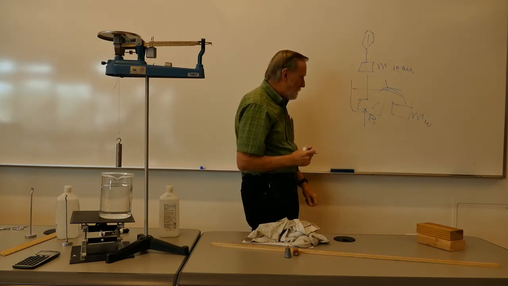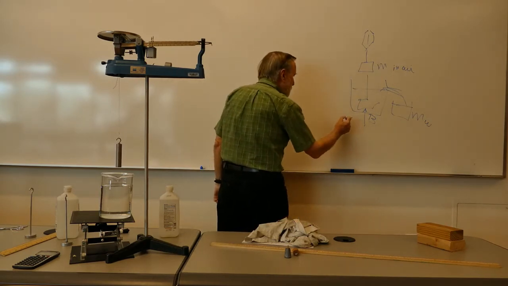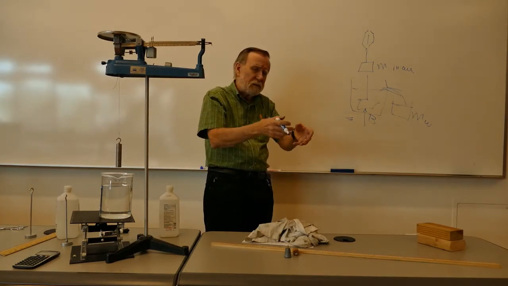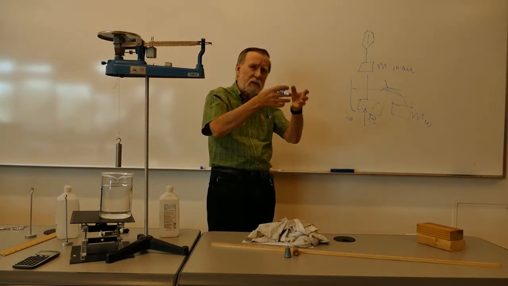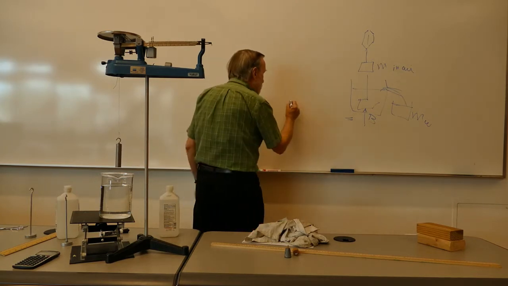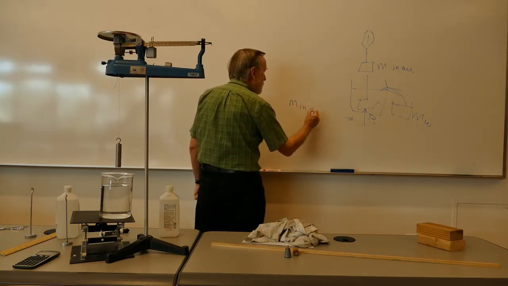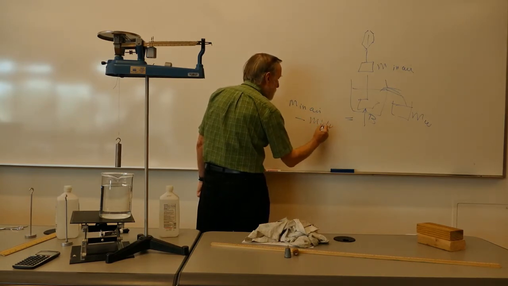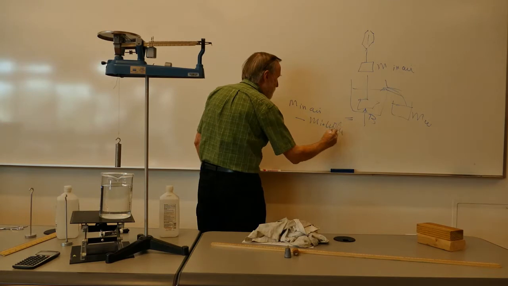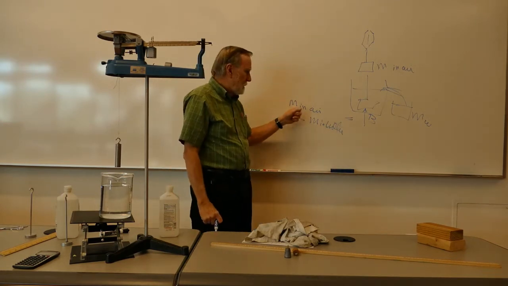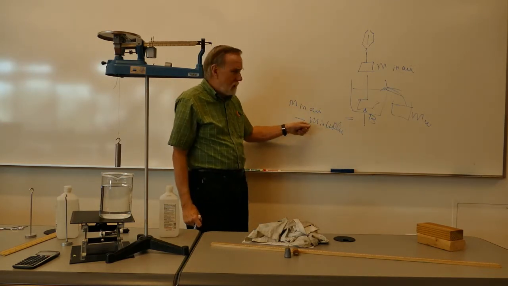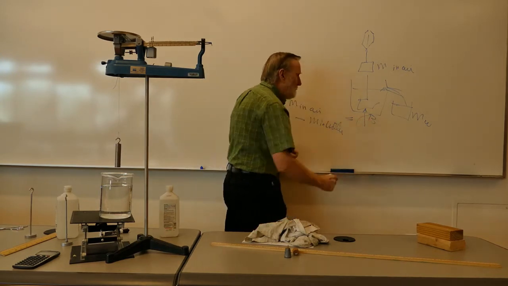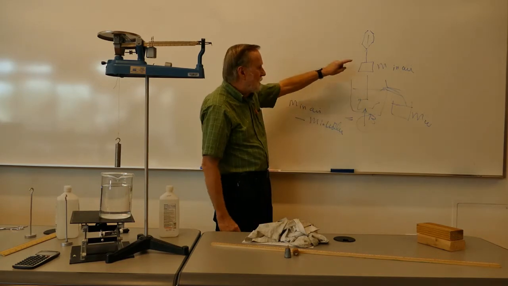Okay, well, what's the definition of buoyancy force? It's the mass in air minus the mass in the water. It's the amount of mass lost. The buoyancy force equals the mass in air minus the mass in water. So how much it weighs in the air, you weigh it in the water, how much mass it loses, that's the buoyancy force.